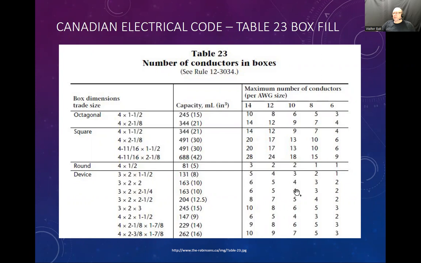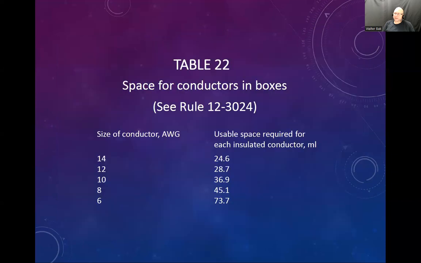And the rest of the table just basically goes on just as I explained to you right now. Table 314.16(A): Space for conductors in boxes. Size of conductors in gauge. Usable space required for each insulated conductor.